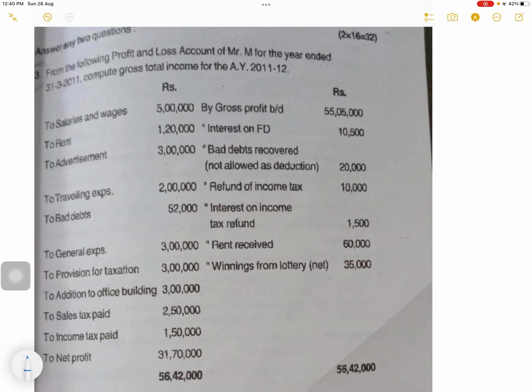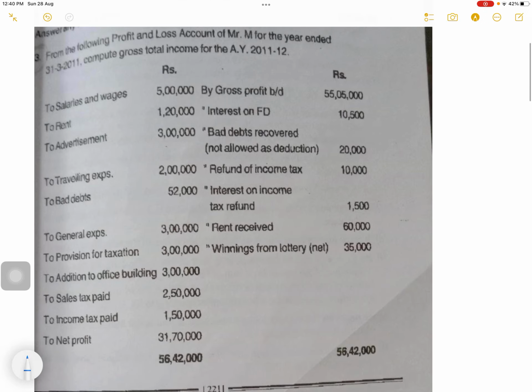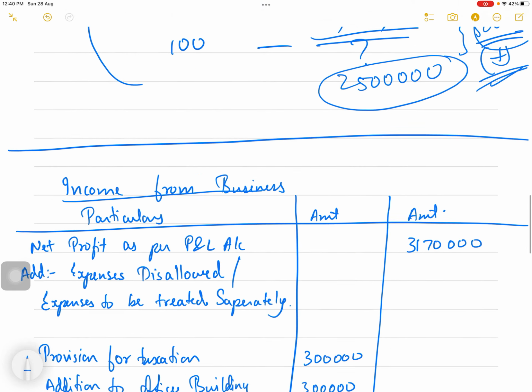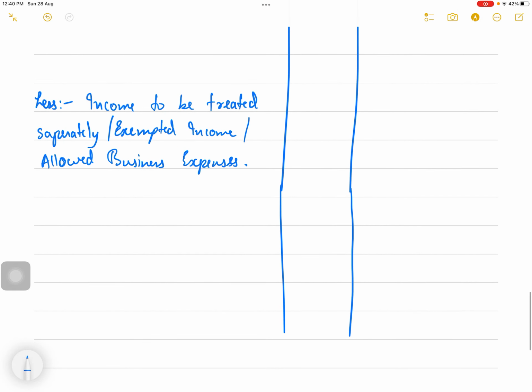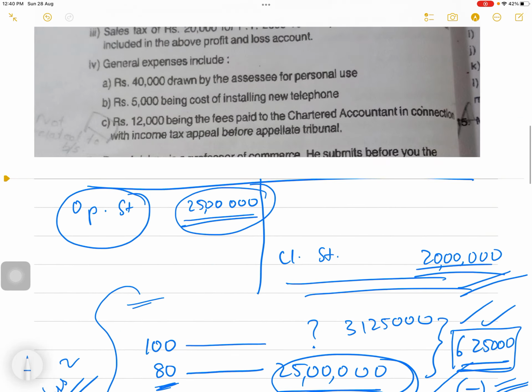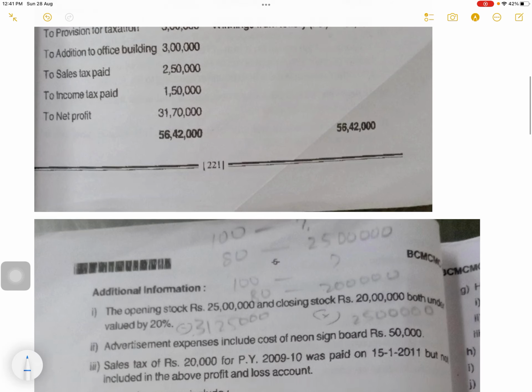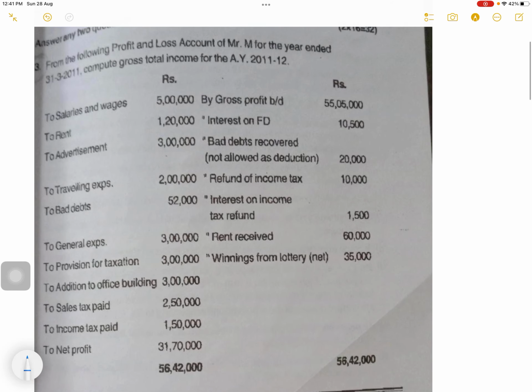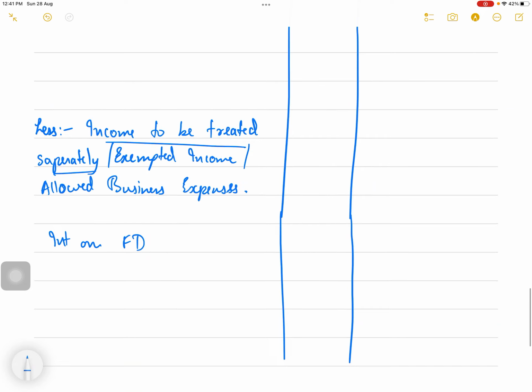Next, in the credit side, you can see interest on FD. It will come under income from other sources. So you have to subtract this as income to be treated separately. Interest on FD, you have to show it in income from other sources. Interest on FD is 10,500.